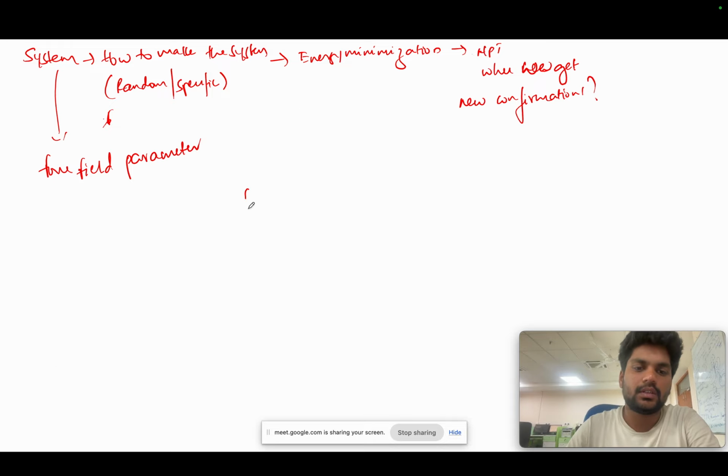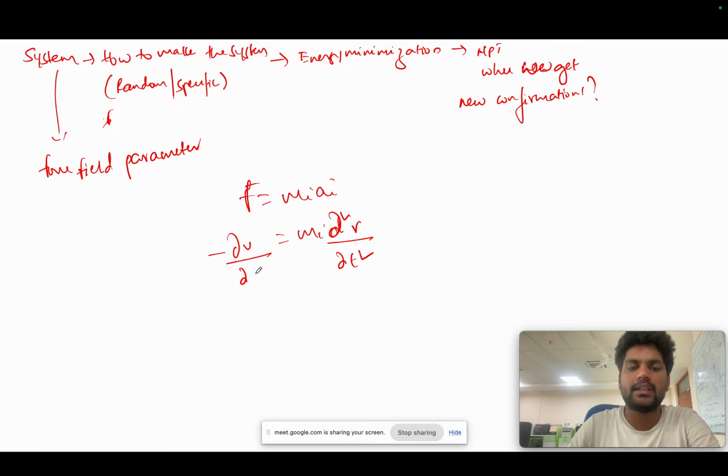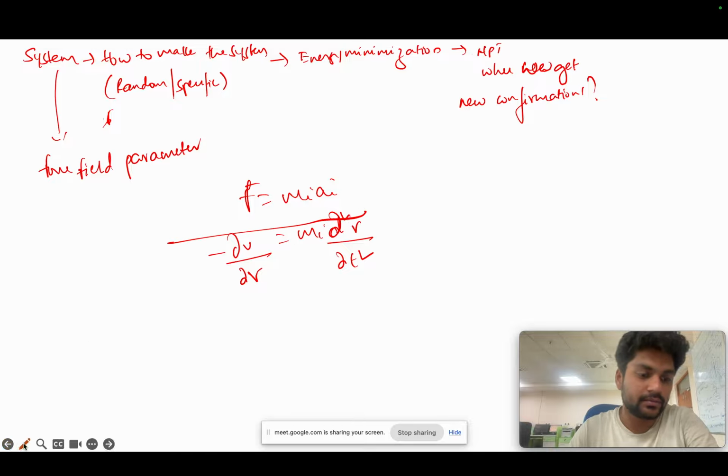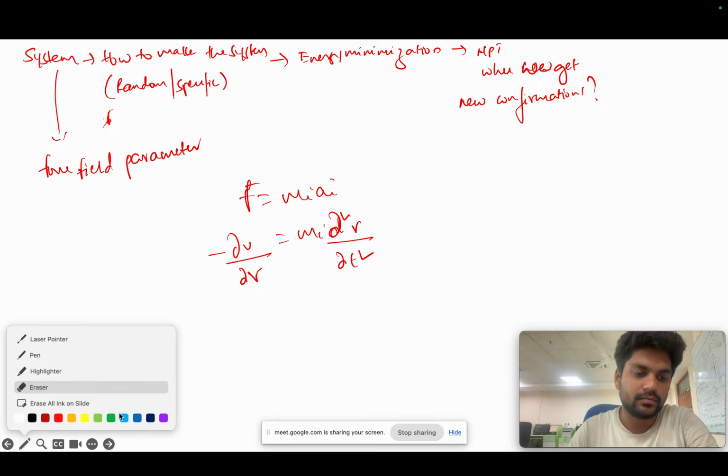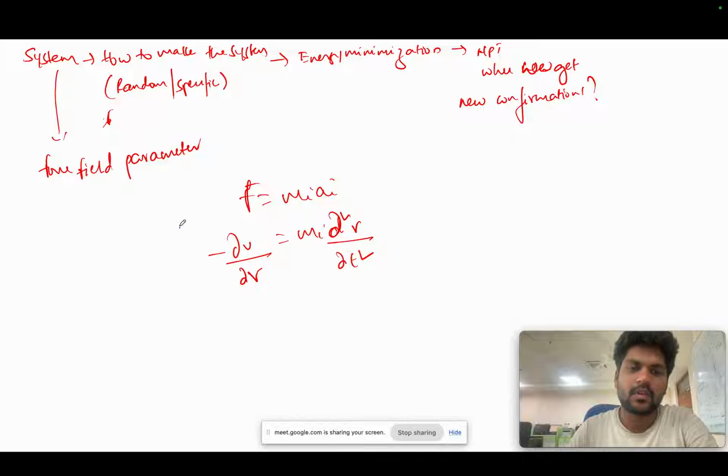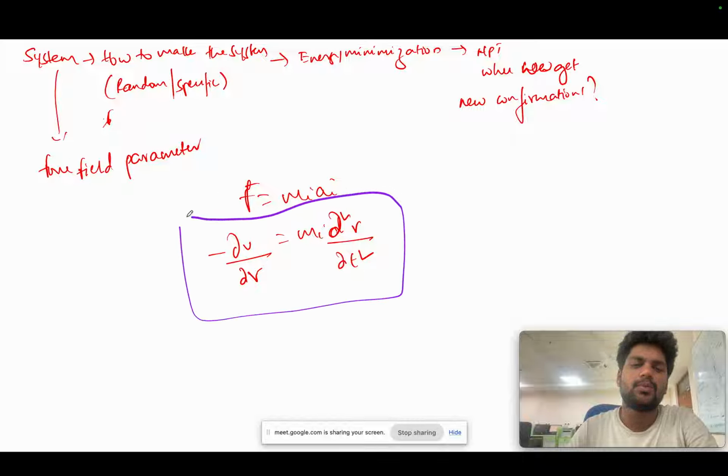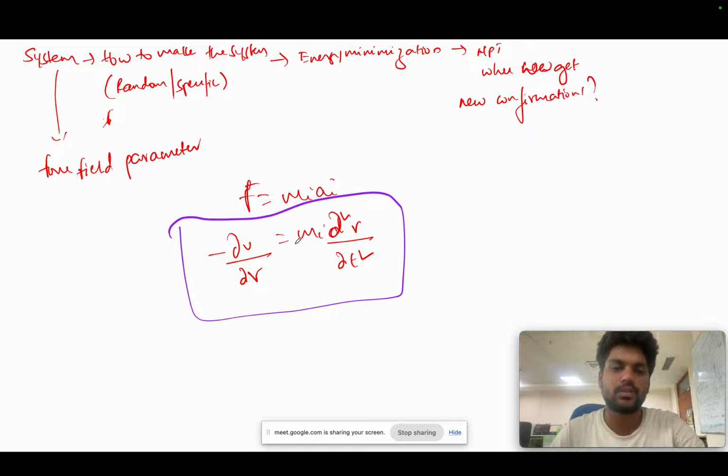We know that the basic equation is F equals ma. In terms of total energy, force is nothing but the change in the potential energy with respect to the position, like displacement.